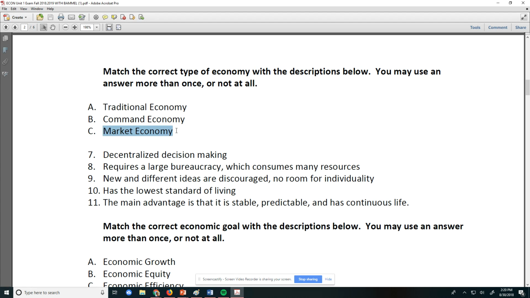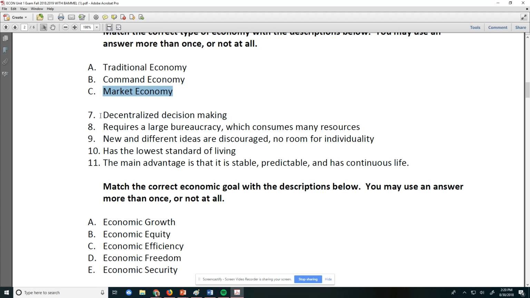C, market economy. 7, decentralized decision making. 8, requires a large bureaucracy which consumes many resources. 9, new and different ideas are discouraged, no room for individuality. 10, has the lowest standard of living. 11, the main advantage is that it is stable, predictable, and has continuous life.